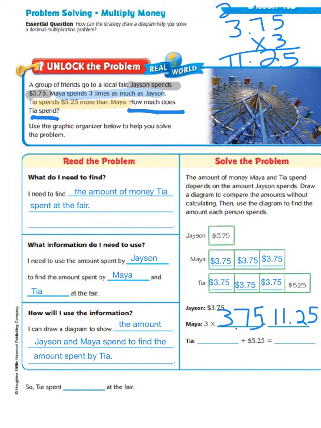Now we know that Tia spent the same amount as Maya plus $5.25. So Tia equals $11.25 plus $5.25. And if we do the addition, we have 5 plus 5 is 10, carry our 1, 2 plus 2 is 4, plus 1 is 5, 1 plus 5 is 6, bring our 1 straight down, and our decimal place straight down.